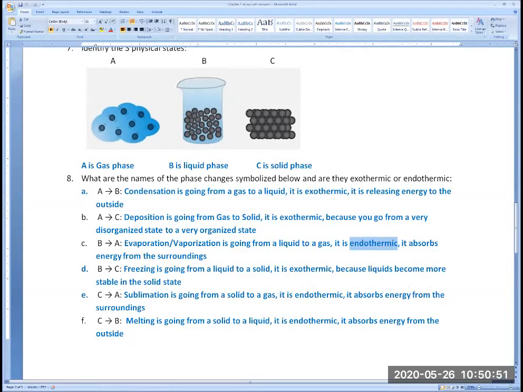And then it's going to be exothermic when you go from a very disorganized state to an organized state, because you stabilize the substance by organizing it and packing it together. This releases heat to the outside, so it's exothermic.